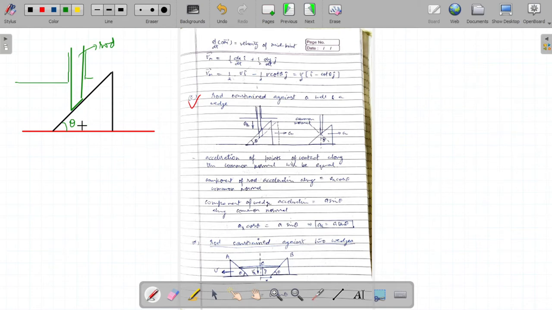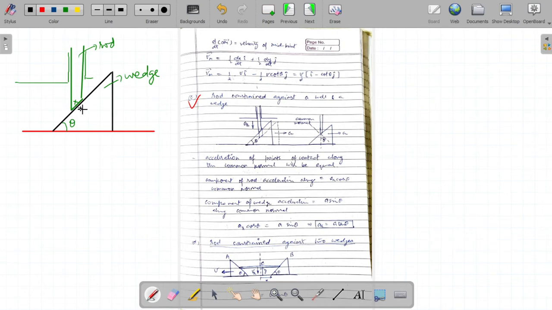Like I said, the idea which we want to use is that when we are talking about two bodies sliding on top of each other, like this rod sliding on this wedge, then take a point of contact on the surface of the rod, and the point on the wedge.